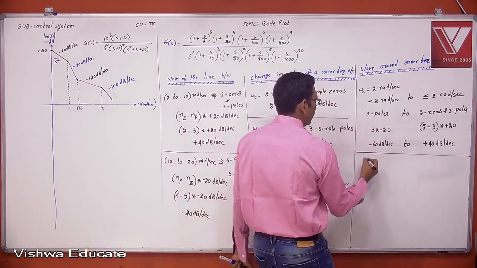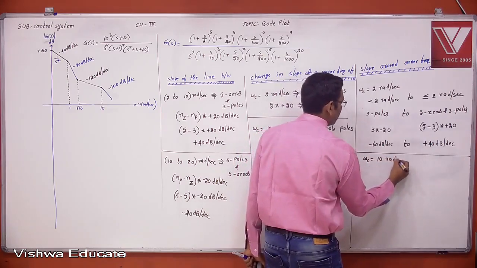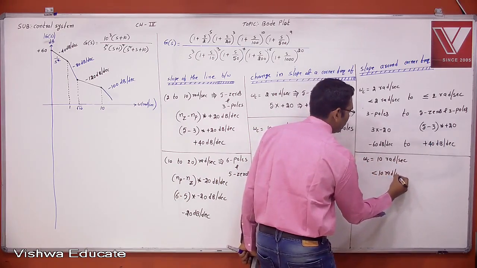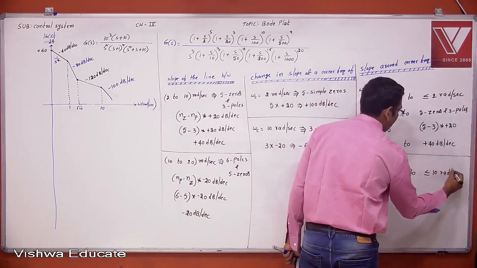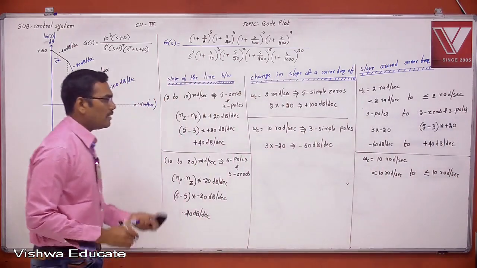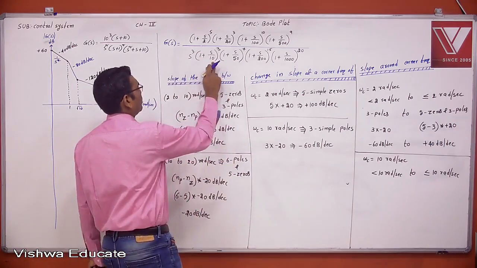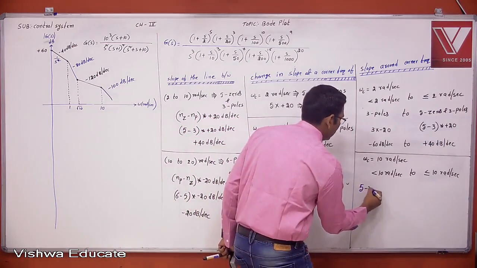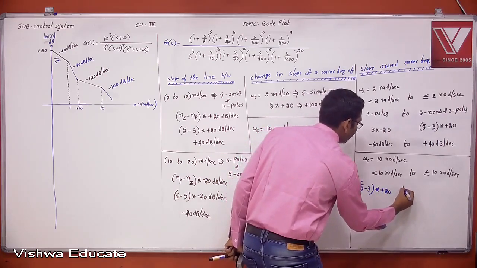Now, slopes around the corner frequency of 10 radians per second. Same: first, less than 10 radians per second, and less than or equal to 10 radians per second. Consider all the terms. Less than 10 radians per second is nothing but 5 zeros, 3 poles multiplied with plus 20, so 2 into 20, 40 dB per decade.